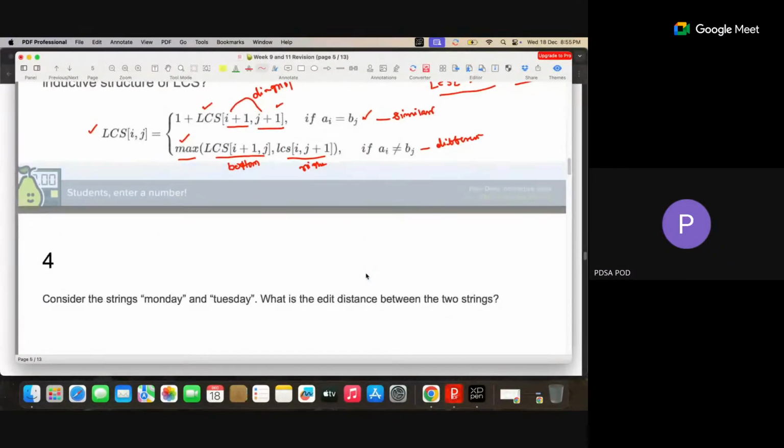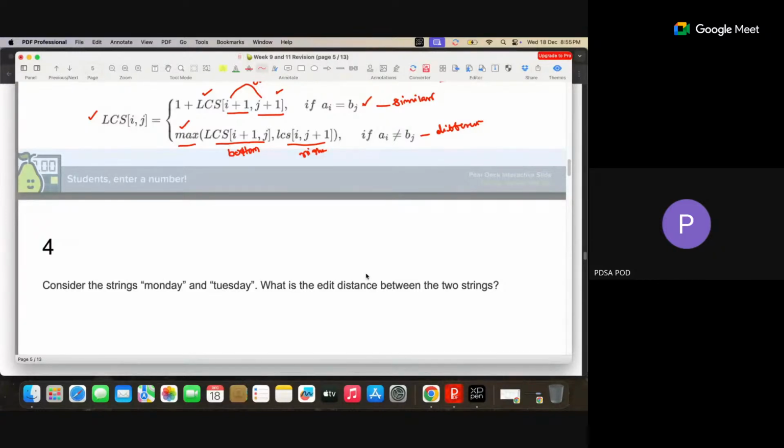So edit distance is a direct question that I've asked you to avoid, as it is a time consuming process. But quickly, if you want to understand this, edit distance is converting one string, let's say string 1, to string 2 with a number of edit operations.